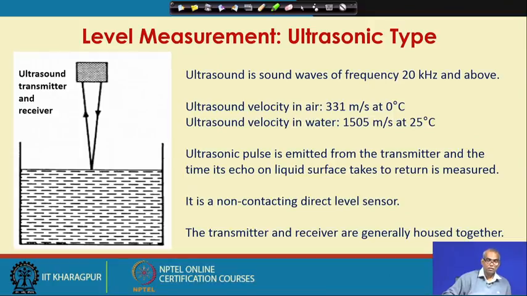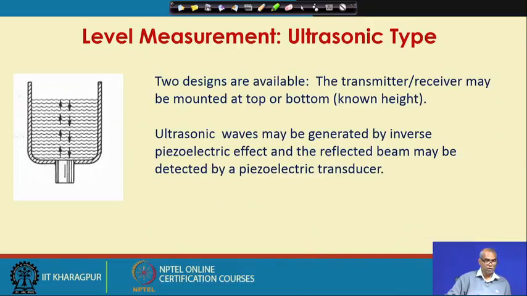So, here the ultrasound transmitter and receiver was mounted at the top, but here the ultrasound transmitter and receiver is mounted at the bottom of the tank. So, both the designs are possible. Ultrasonic waves may be generated by the inverse piezoelectric effect, and the reflected beam may be detected by a piezoelectric transducer.